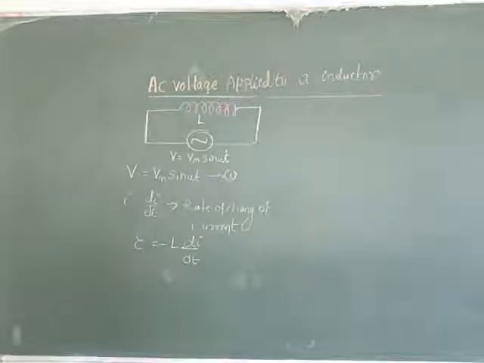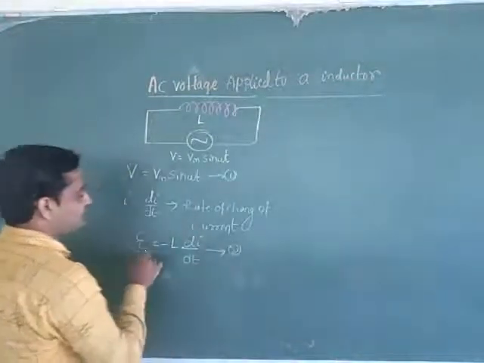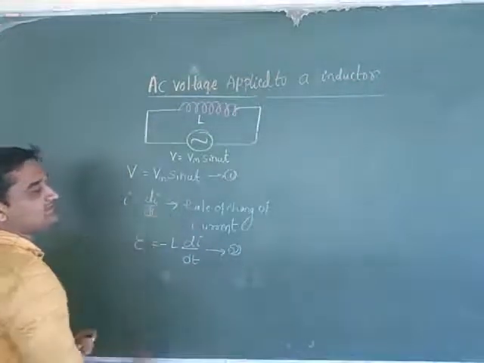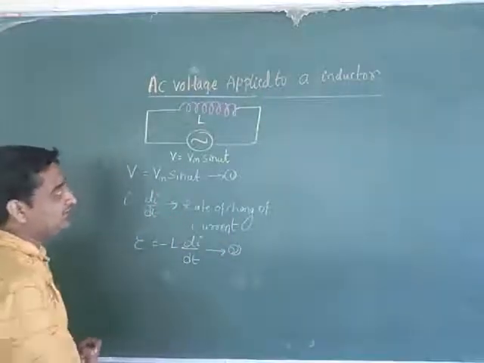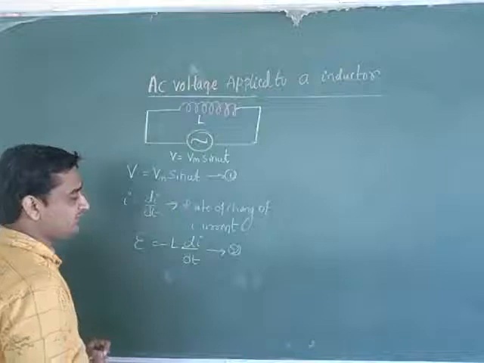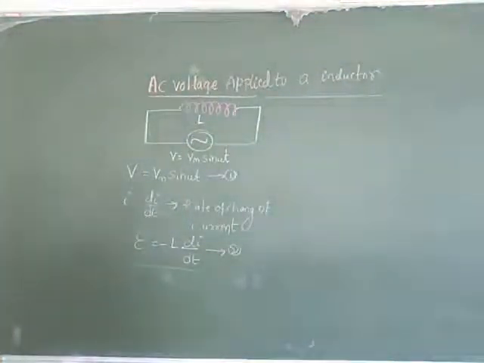This is due to the change in the current. Because of the change in the current, an EMF is induced in the inductor, and that induced EMF is given by E is equal to minus L into di by dt.